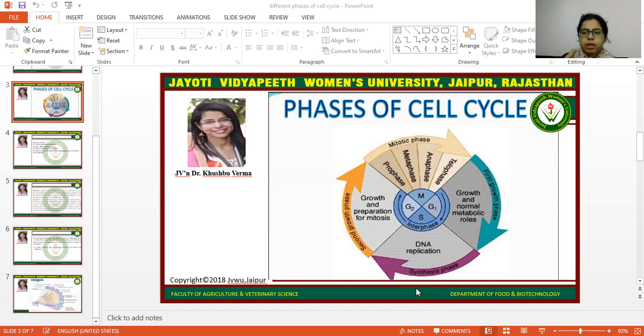So when CDK inhibitor P16 inhibits the cyclin dependent kinase, this inhibited kinase does not bind to cyclin D. When CDK and cyclin D1 do not bind to each other, no further cell progression happens.